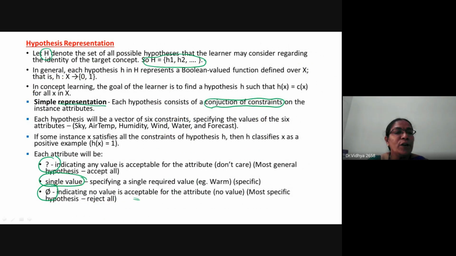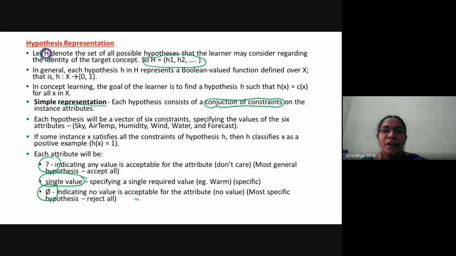Then let us look into the concept of hypothesis representation. How are we supposed to represent the hypothesis? The hypothesis can be represented or denoted by a letter H. It represents all possible hypotheses that the learner may consider regarding the identity of the target concept.